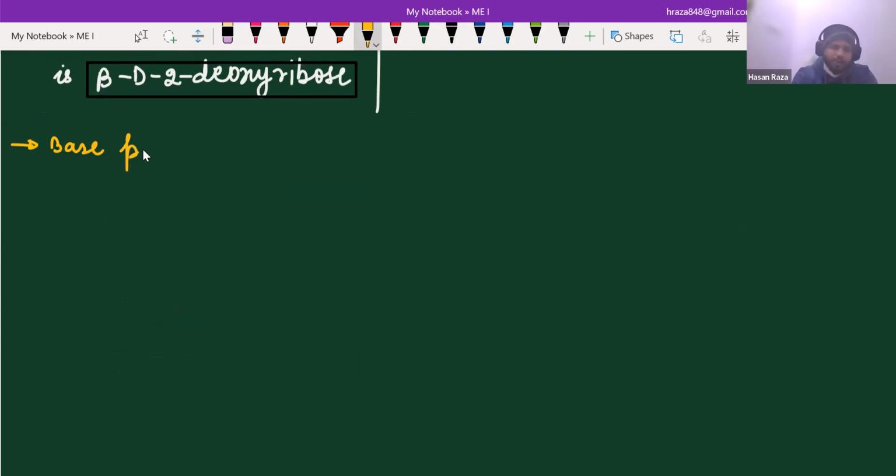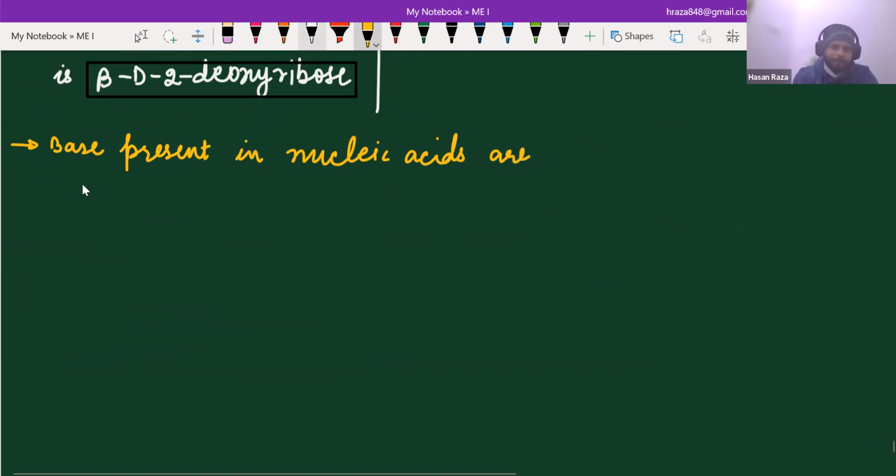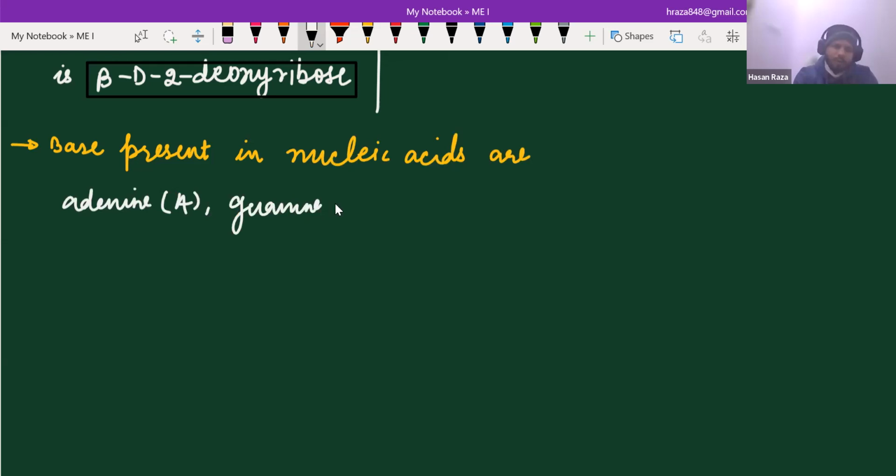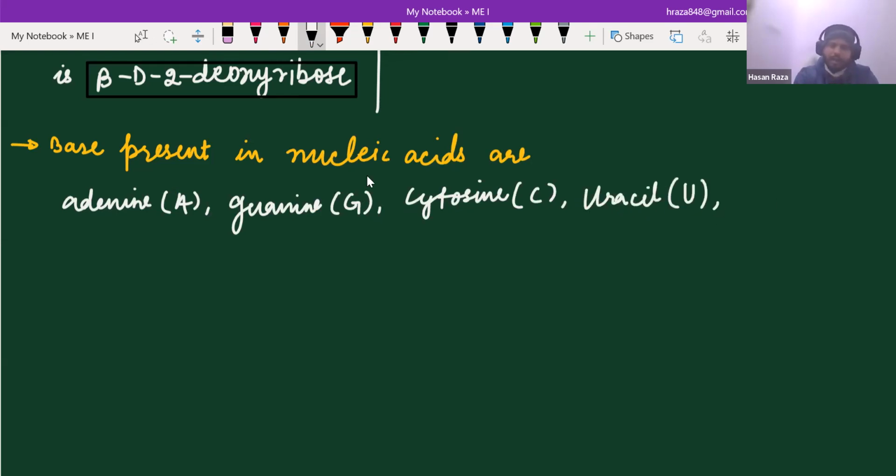Bases present in nucleic acid are adenine, that is represented by A, guanine, that is represented by G, cytosine, that is represented by C, uracil, that is represented by U, and thymine, that is represented by T.